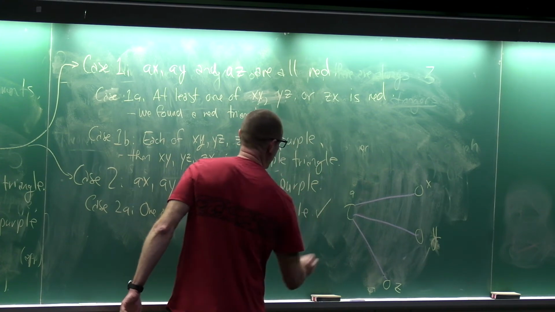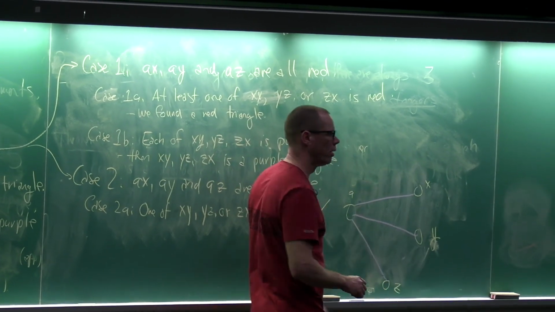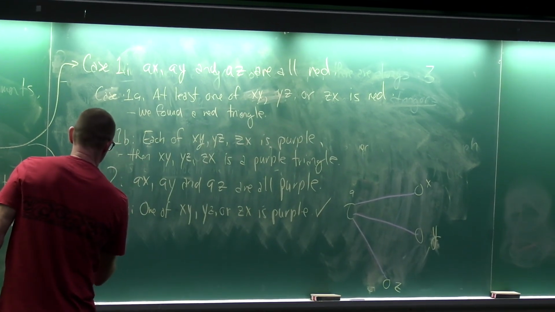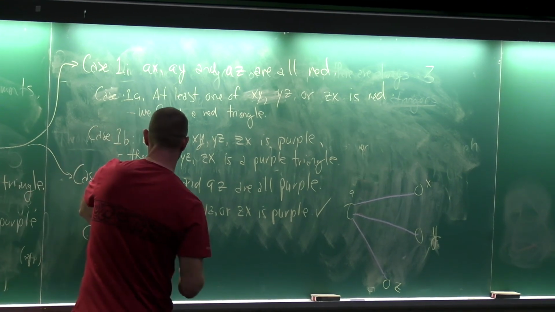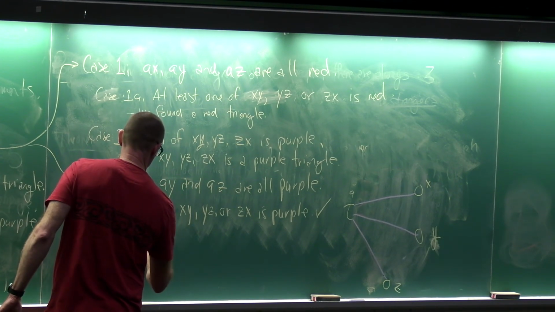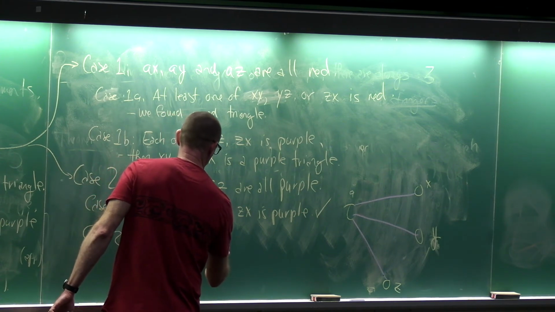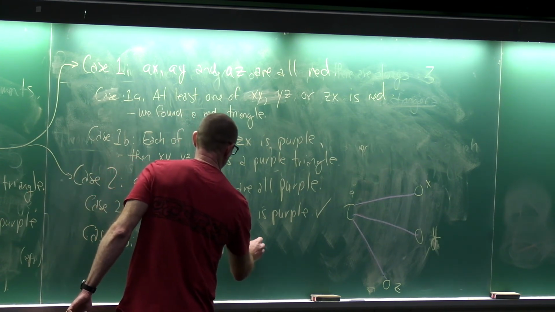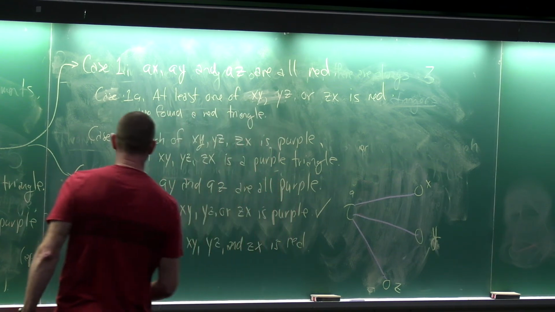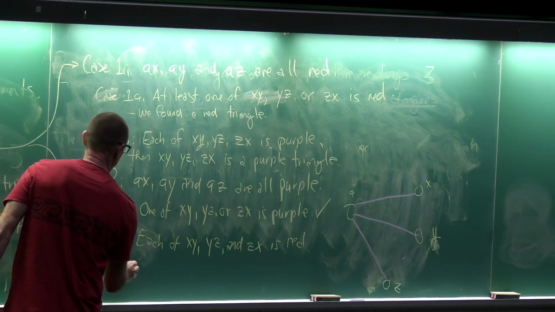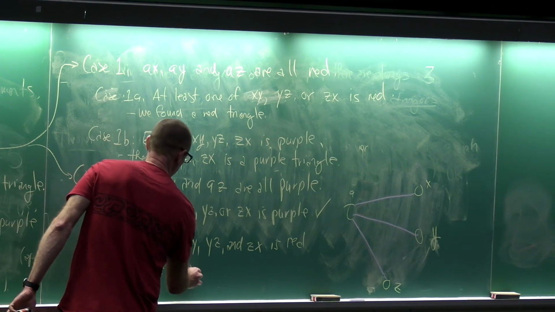In which case we're also done. We have found a purple triangle if any of these 3 edges is purple. Or case 2B, each of XY, YZ, and ZX is red. And in that case, XYZ is a red triangle.